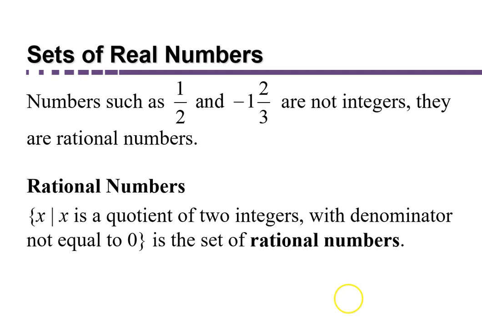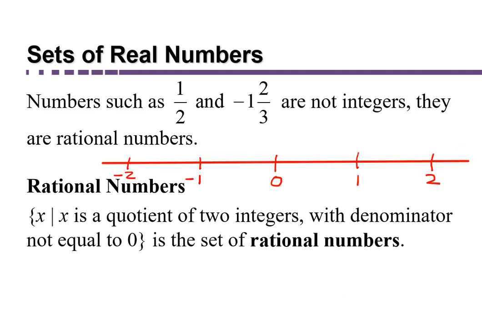Now, we're going to go back to the number line to introduce our next group of numbers. And we see the number 1/2. Well, where is 1/2? Well, it's right there, approximately. I might be a little off. Now, 1/2 is not an integer.